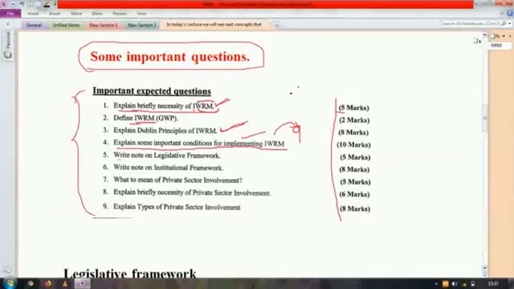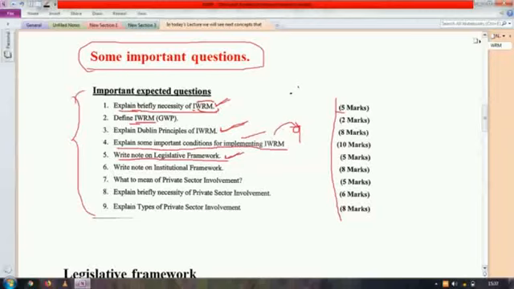Then the fifth one is: write a note on legislative framework. Here you need to write the meaning of legislative framework and organizational framework as I explained in this lecture. Then you need to explain the policies and legal framework, financing and structures, and so on.